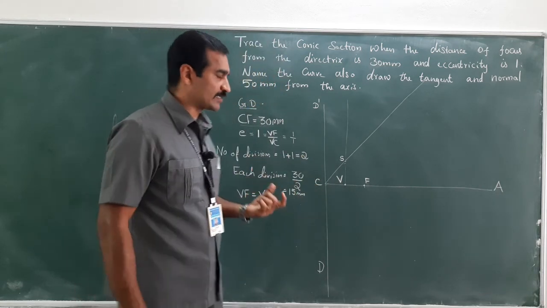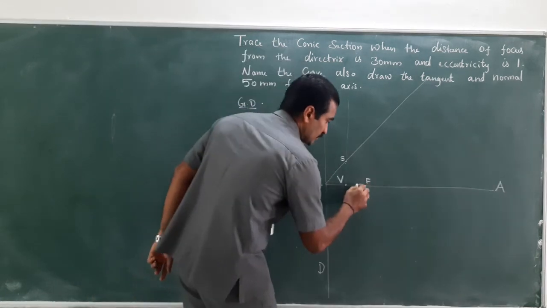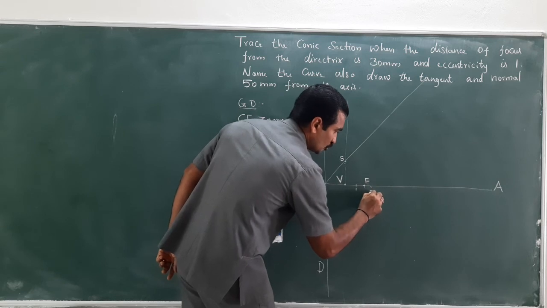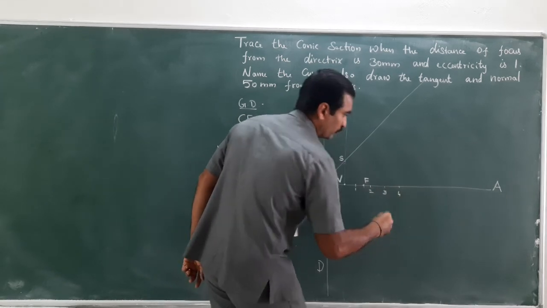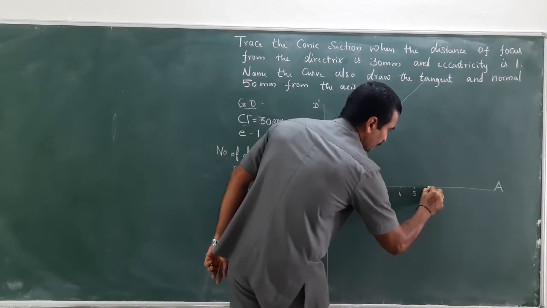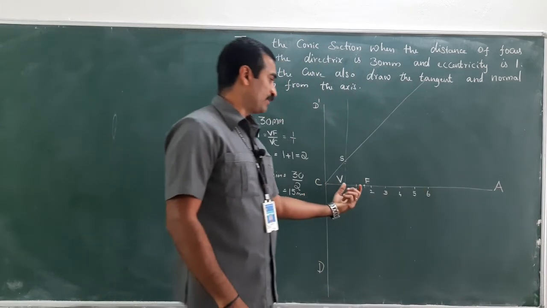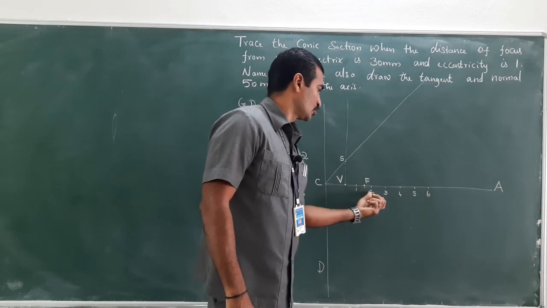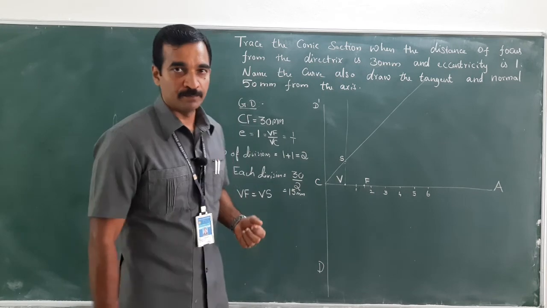I am going to consider 10 mm of equal distance. So 10 mm, name it as 1, 2, 3, 4, 5 and 6. The gap between these points, 1 to 2, 2 to 3, 3 to 4, 4 to 5, 5 to 6, is 10 mm.